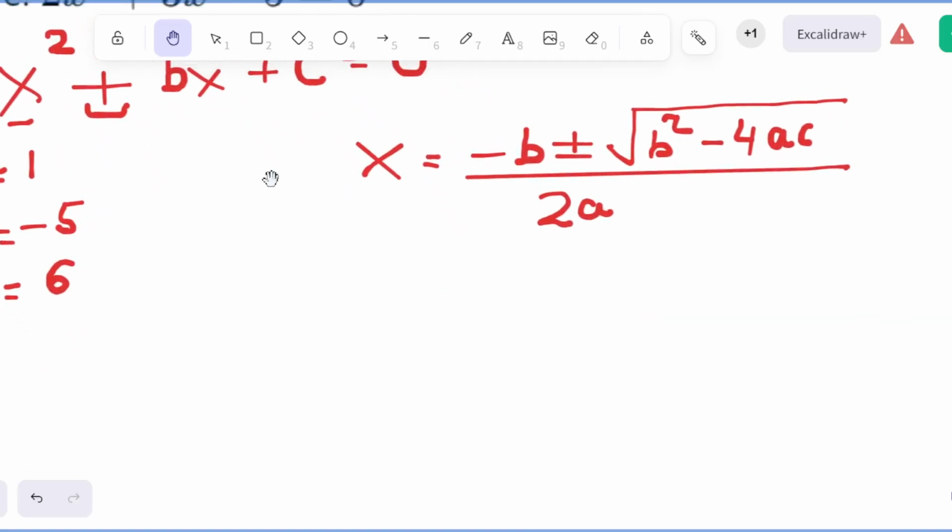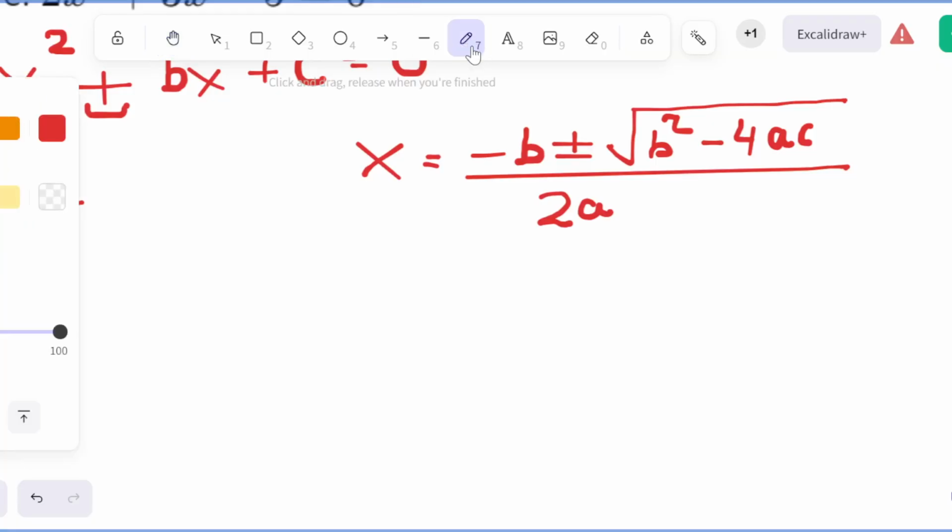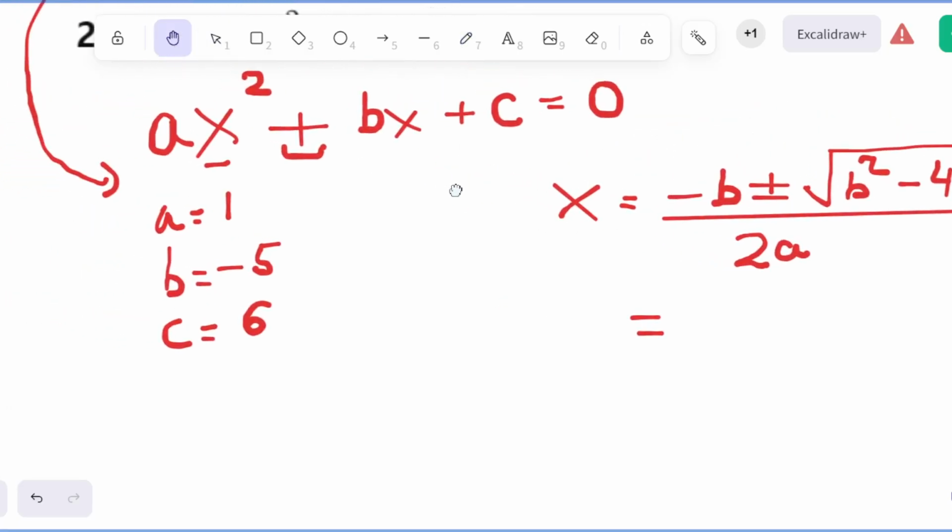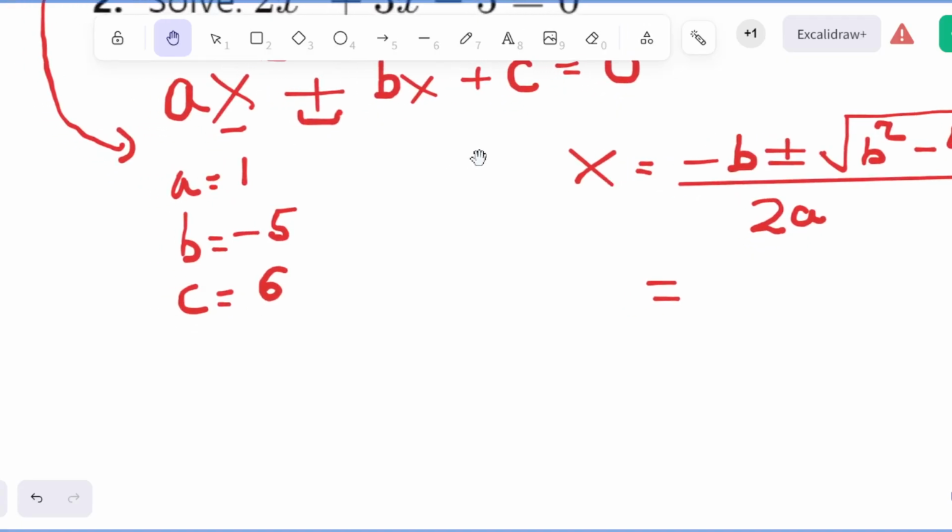Now we have to put in the values. So what was our b? B was minus 5, right? So put it here, minus 5. But don't get confused with this minus and this minus. This minus is there in the formula, so let it be there. So b is minus 5, just write minus 5 here.